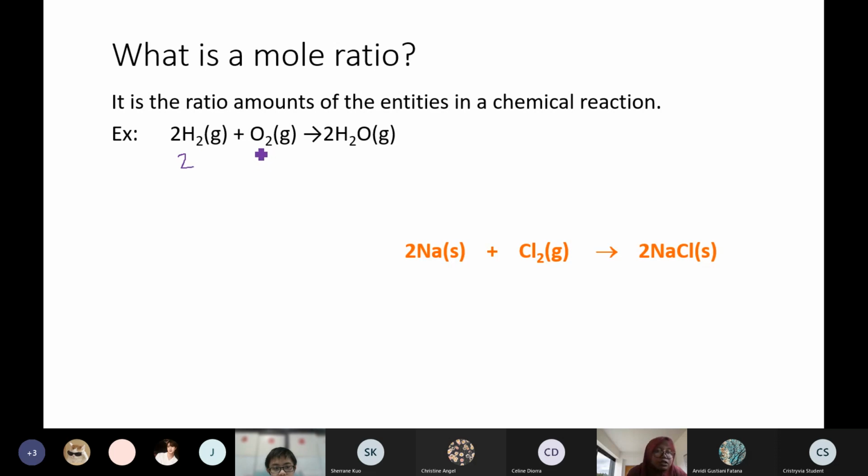In front of oxygen, there is none, it means 1. And then in front of H2O, 2. It means the mole ratio will be 2, 1, and 2. So for this reaction, the mole ratio is 2, 1, and 2.